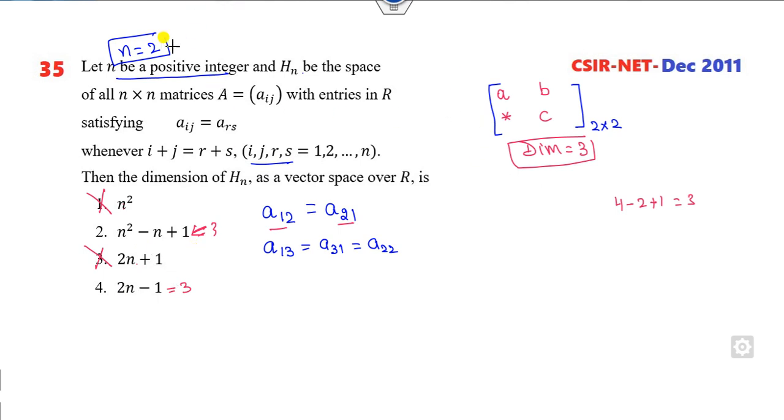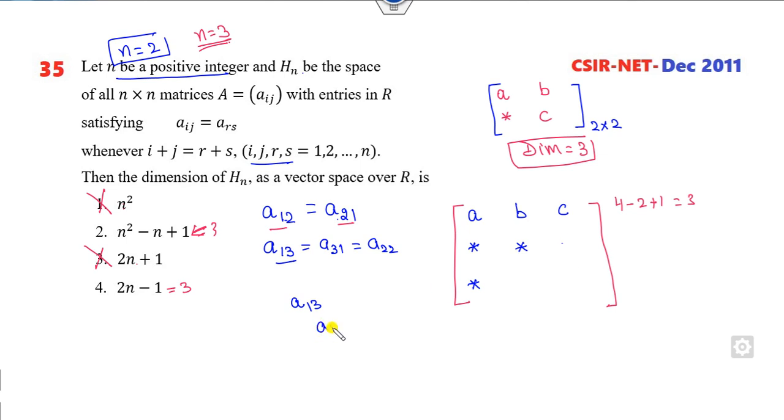Then we have to think about another case, that is n equal to 3. Then it is a 3 cross 3 matrix. A11, fine. A12. A12 and A21 are the same, so there is no need to find them. A13 is C. A31 there is no need, A22 there is no need.